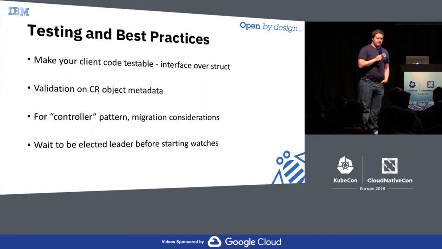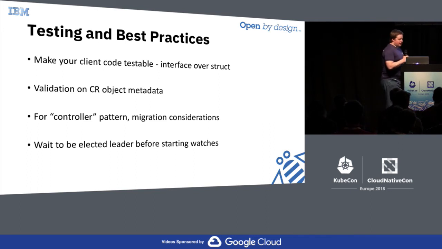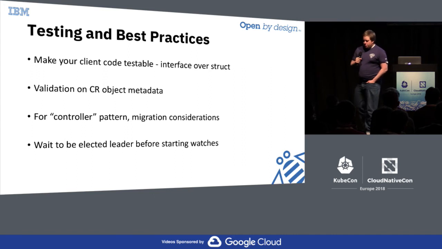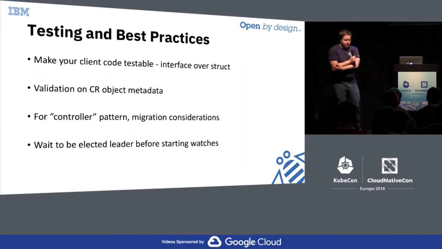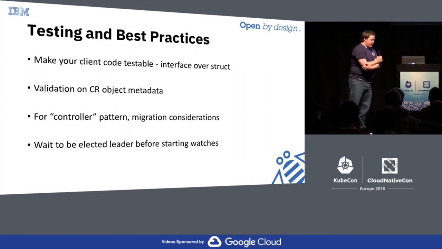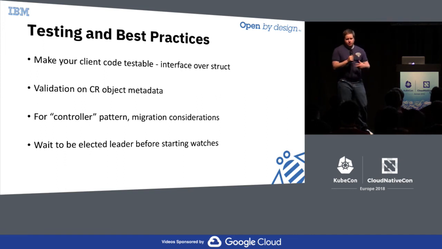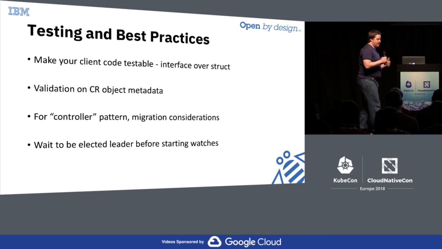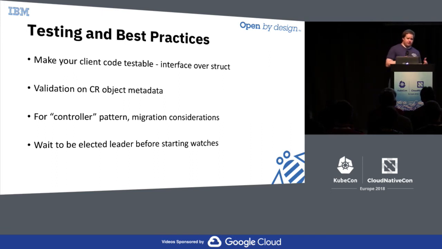And then the last bit not on here is that you need to be very vigilant in your code for validating that the object that you are getting over the watch stream, A, still exists and, B, is not a duplicate of some other event.